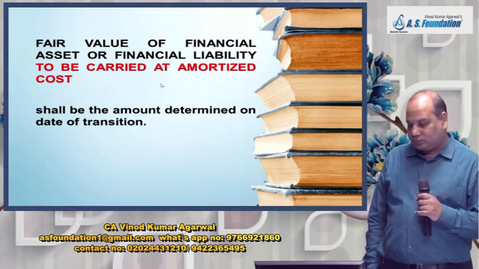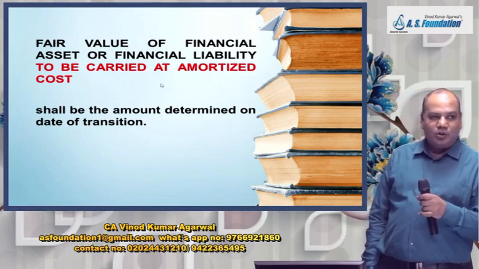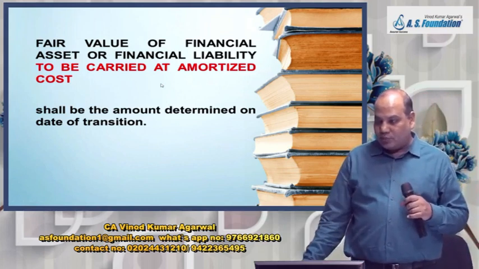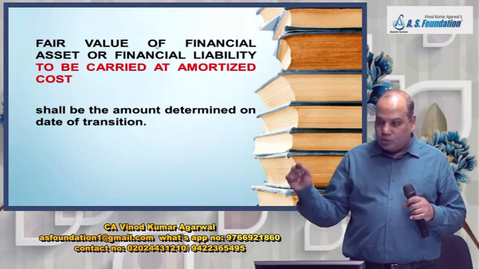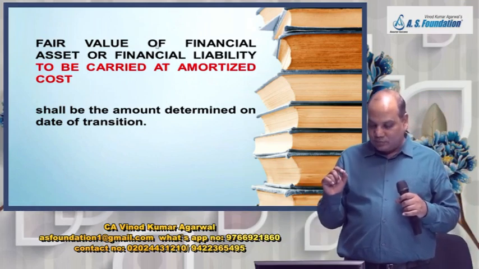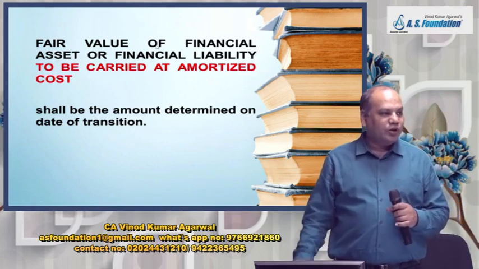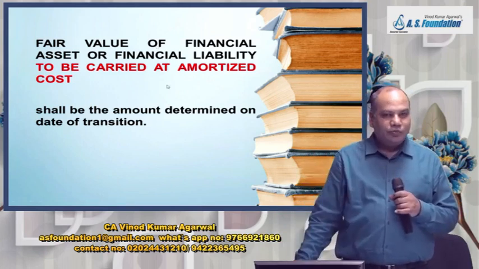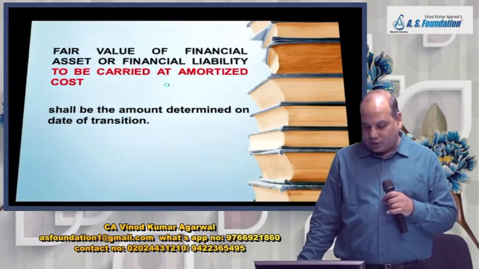In your previous GAAP there may not be such classification. So what is your starting point? The fair value on the date of transition will become the amortized cost at the beginning. And then from this point onwards, you apply IFRS 9.